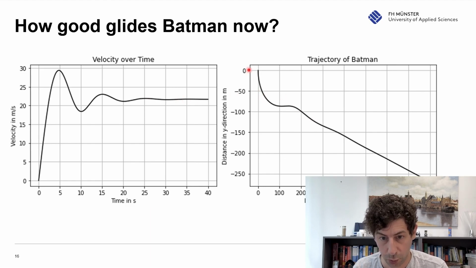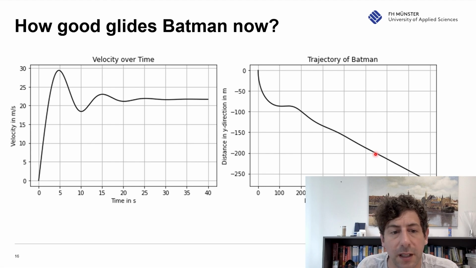So if the building is 200 meters high, we see he is able to glide, and here the number is around 550 meters. So at this position we have 550 meters, so Batman has a decent distance for gliding from a 200-meter building, but at the end of the video we see him very fast stopping and already start fighting. And this is not so easy if you have these super high velocities.